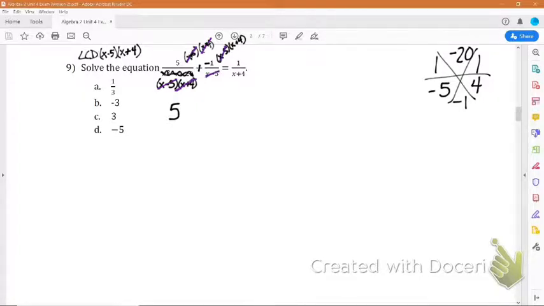If you're doing this correctly, the denominator should cancel from all of them. So if I multiply by x minus 5 and it's being divided by x minus 5, those cancel out. So really, all I have for this part is the negative 1 times the x plus 4. Well, negative 1 times x is negative x, and negative 1 times 4 is negative 4.